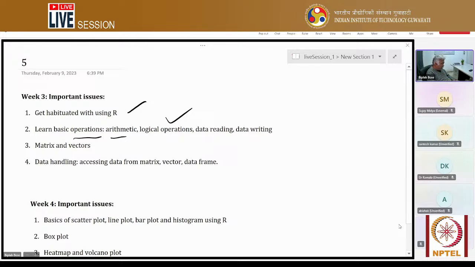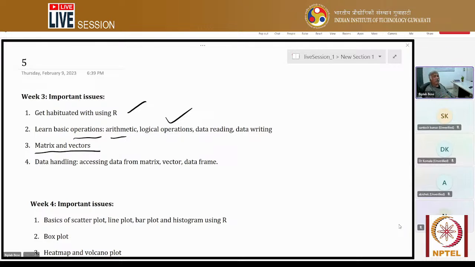Then we moved into matrix and vector because, as I said, almost every technique of data analysis uses linear algebra. So that means I have to convert my data into the right suitable vector and matrix format. Many a time you will find that your function is not working, your code is not working because you have not given the data in the right format.